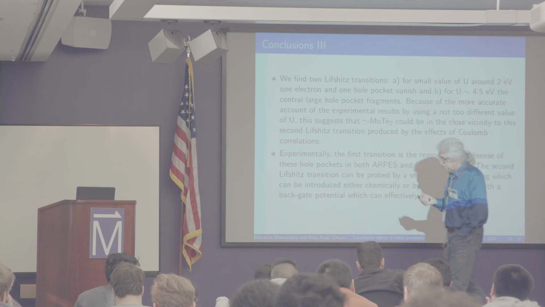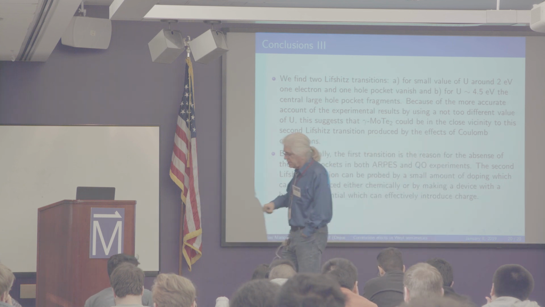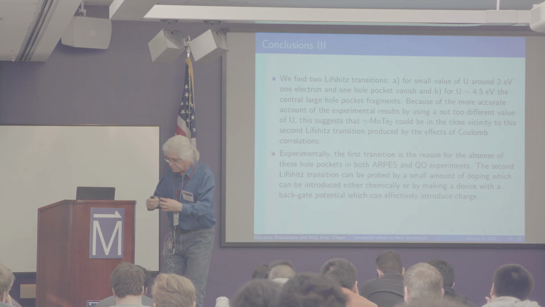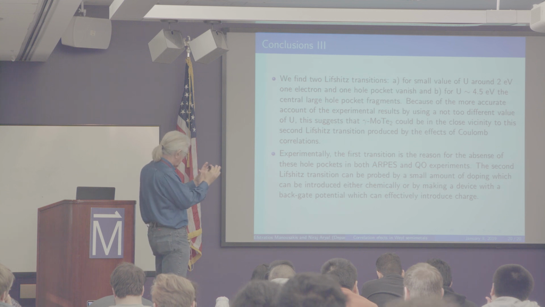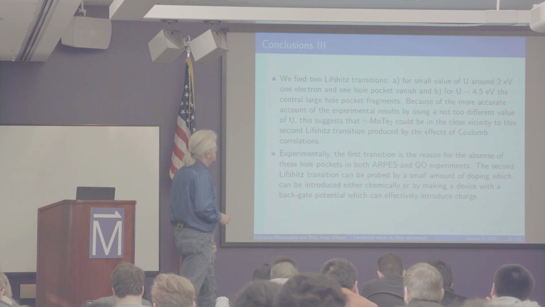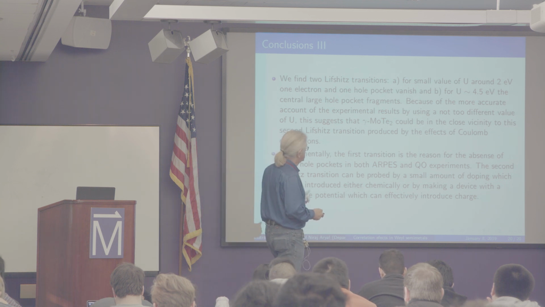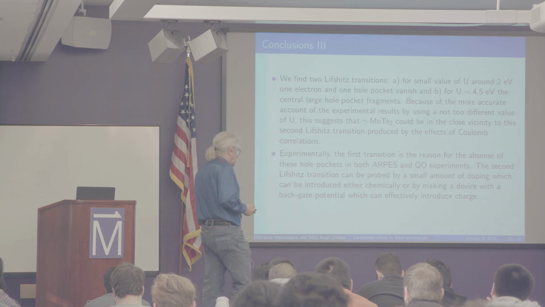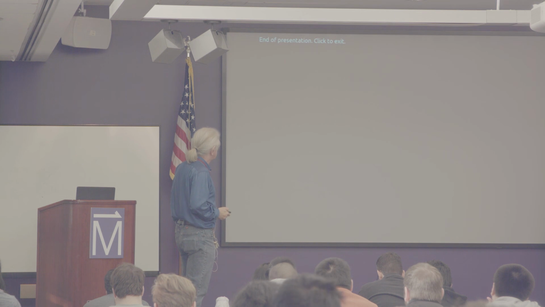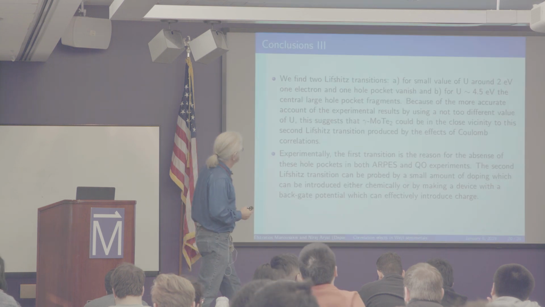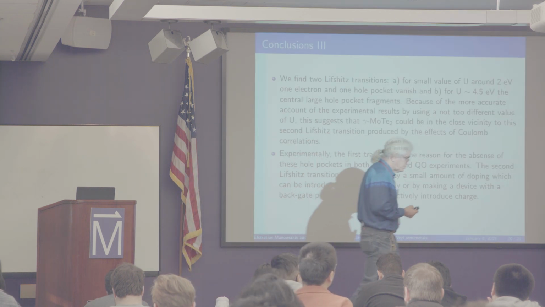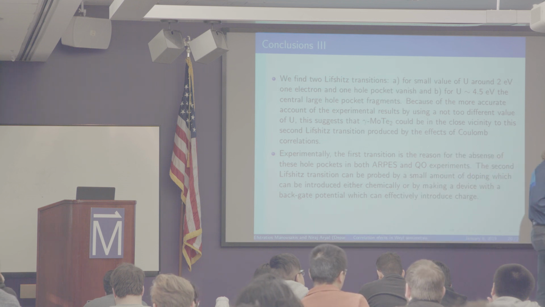So there is one transition immediately, and then there is another Lifshitz transition which separates this central hole pocket into a small one in the center and its ears. All of these changes, this transition, can be probed experimentally, perhaps by doping.